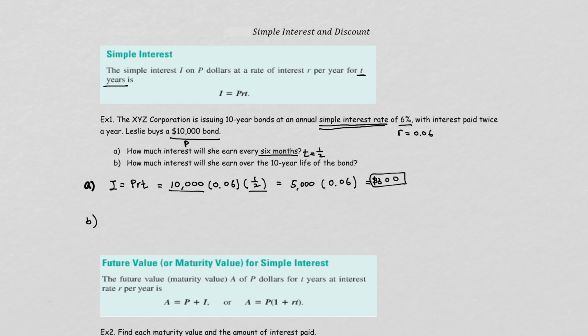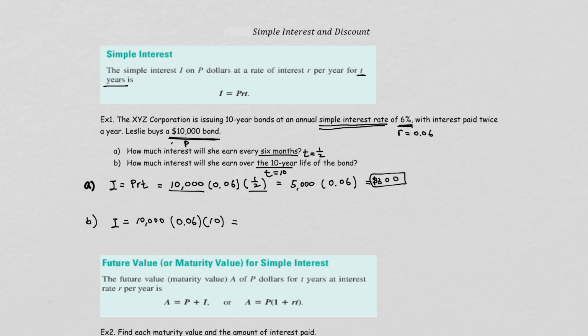This time your T is going to be 10, but you're using the same thing. P equals 10,000. Rate equals 0.06. So this time you're going to use 10,000 times 0.06 times 10, because for 10 years, T is 10.